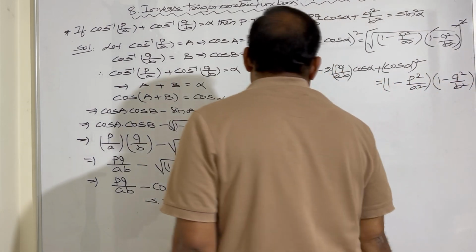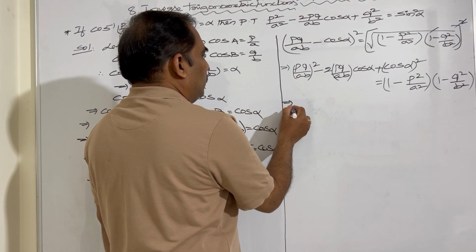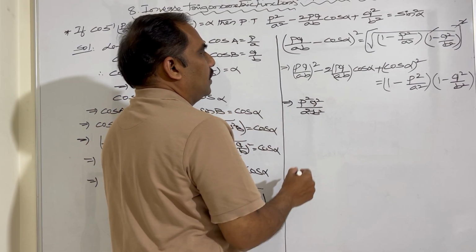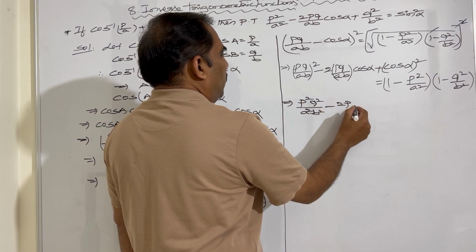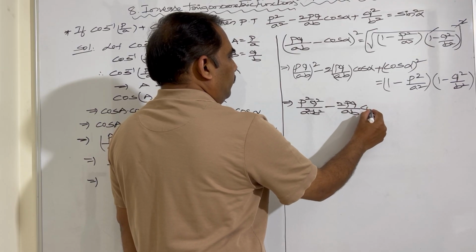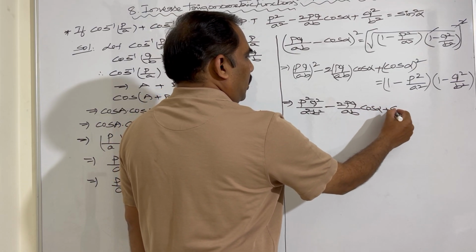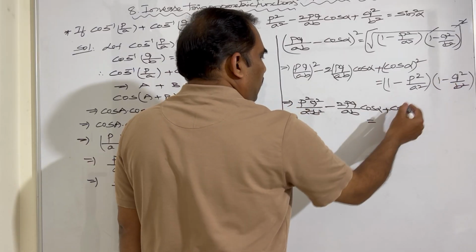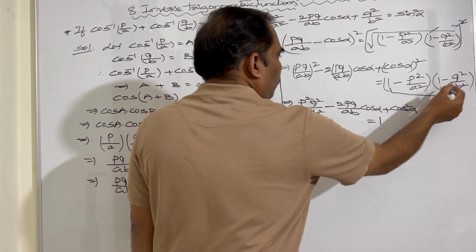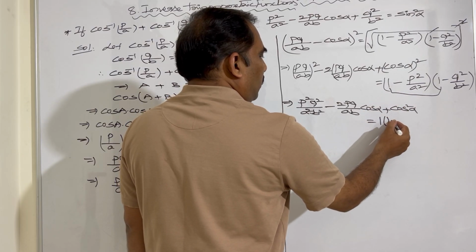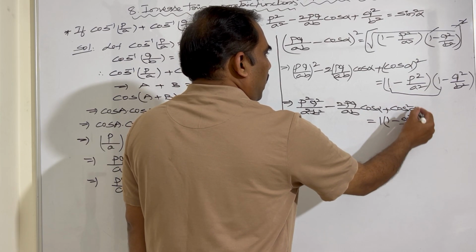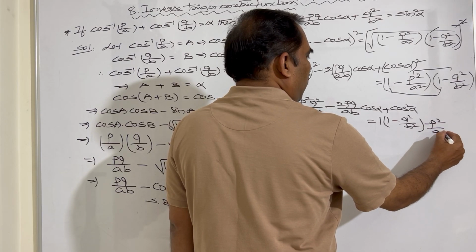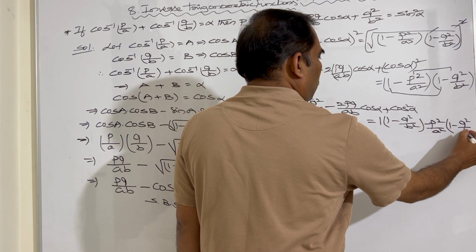So this implies p square q square by a square b square minus 2pq by ab cos alpha plus cos square alpha is equal to, on the right side, multiplying, 1 into 1 minus q square by b square, and again minus p square by a square into 1 minus q square by b square.